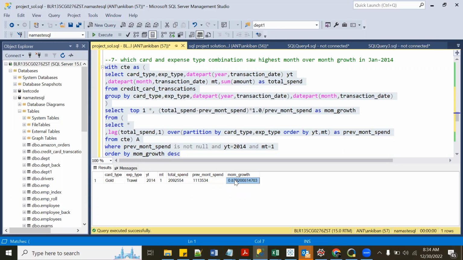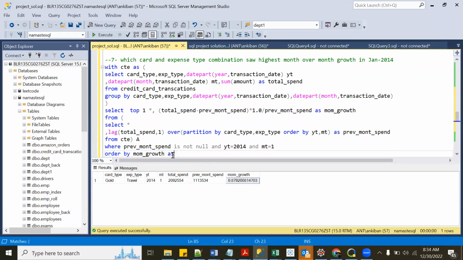Any doubts? Any doubt, anyone? Yeah, Ankit. We used select top one. If we have a requirement for bottom 5, can we replace it?